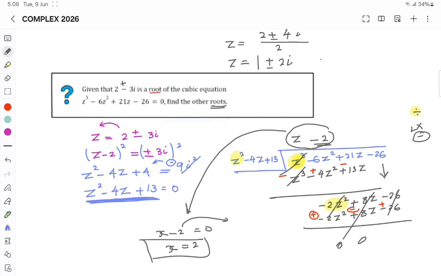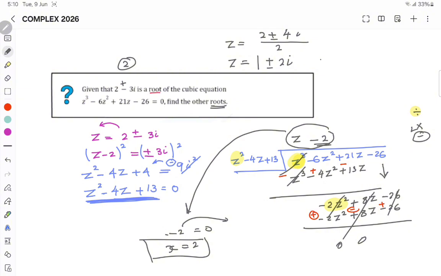Also, unlike that question, if they give only a real root, for example, he said here z equal to 2 is a root, that means we will divide the cubic equation by z minus 2. Then solve the quotient, and the quotient here will be the quadratic equation, which is z squared minus 4z plus 13 equal to 0.